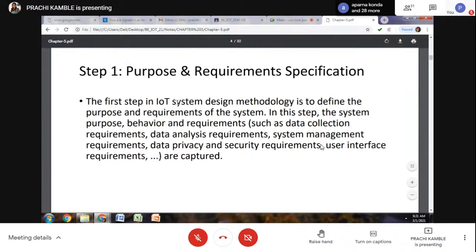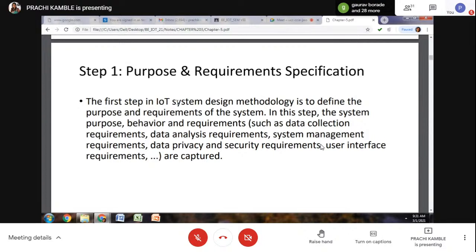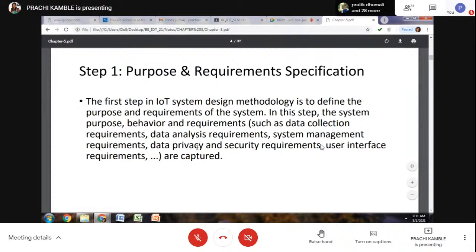Whenever we are starting with the IoT system design, the first step is we need to identify the purpose and requirement specifications of that system. It tells about data collection requirements, data analysis requirements, system management requirement, data privacy and security requirement.